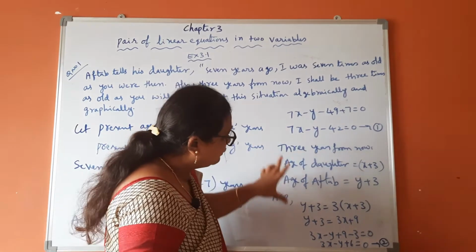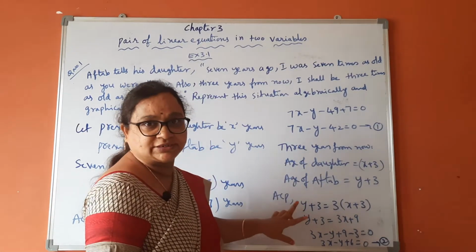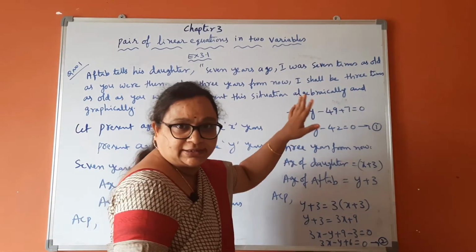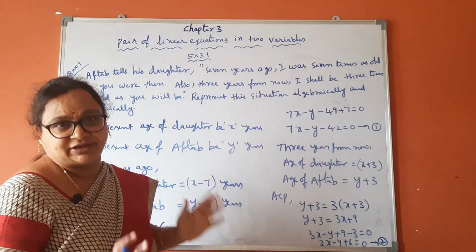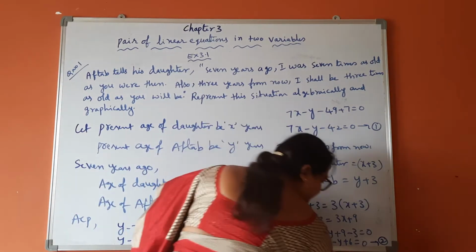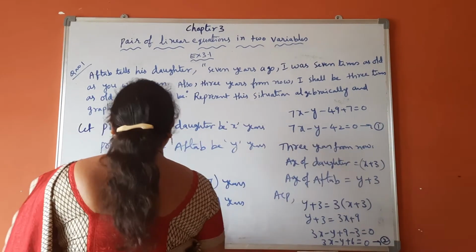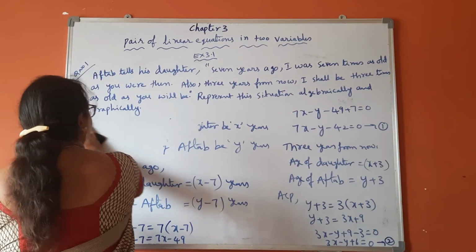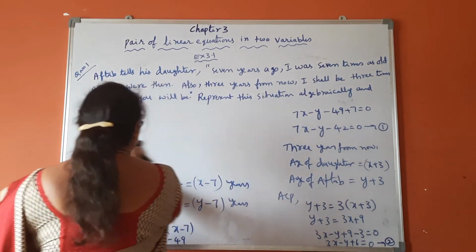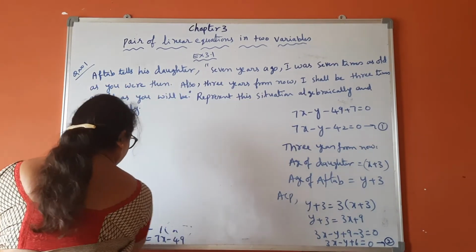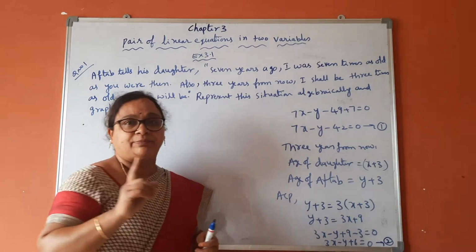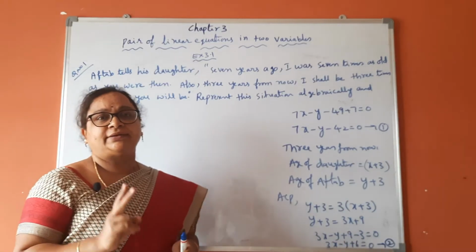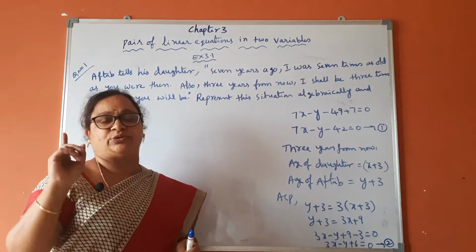Now we got a pair of linear equations in two variables. This is the algebraical representation. Now the same thing we have to represent graphically. For graphical representation, we require two solutions for each equation.